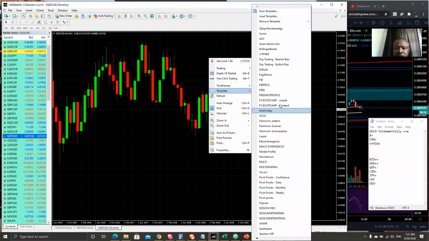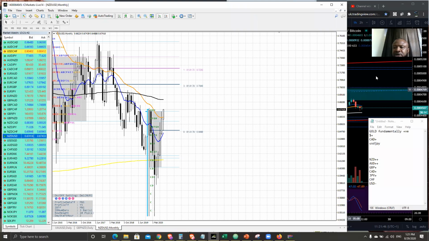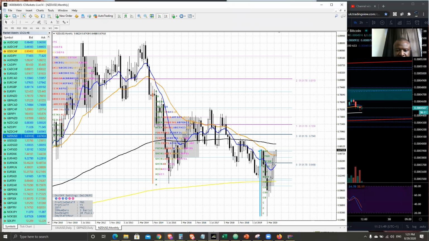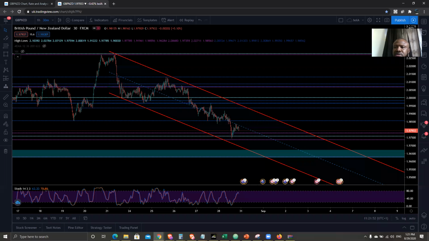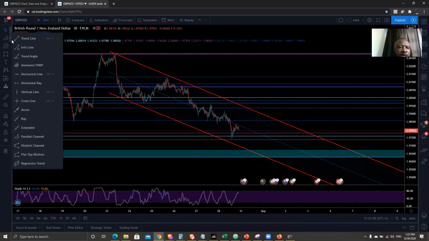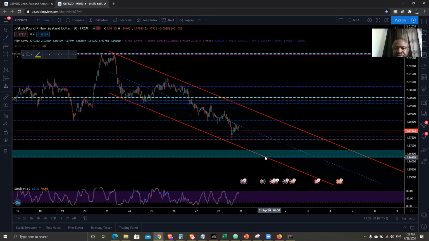So looking at this, let me take a picture of this one of the pound New Zealand. Trade idea is to see price probably getting to here and then bouncing. Eventually, I want to see price breaking that area and potentially coming back down and potentially going back up.